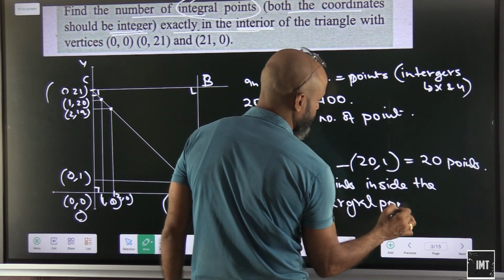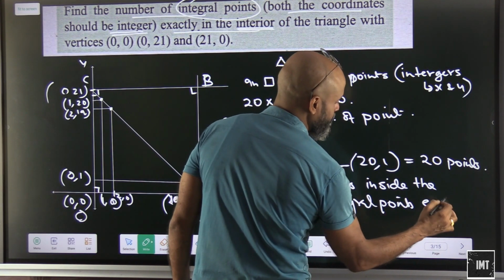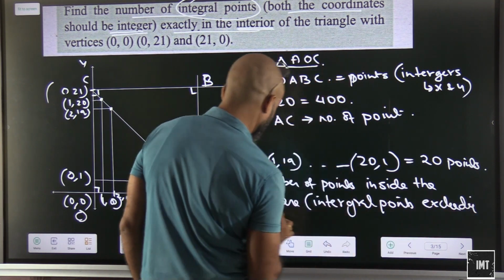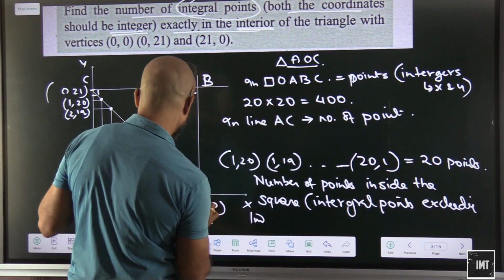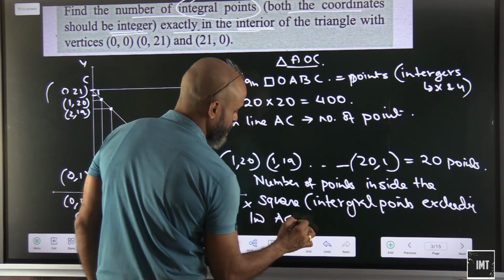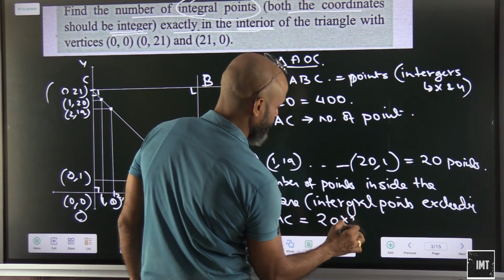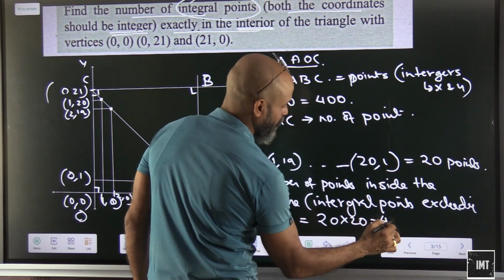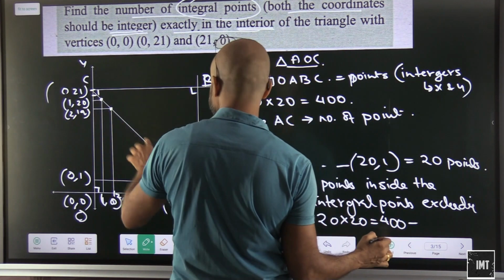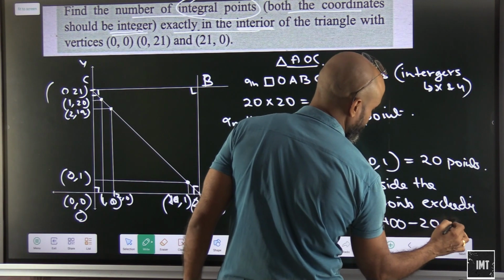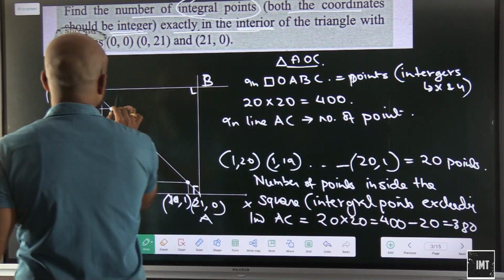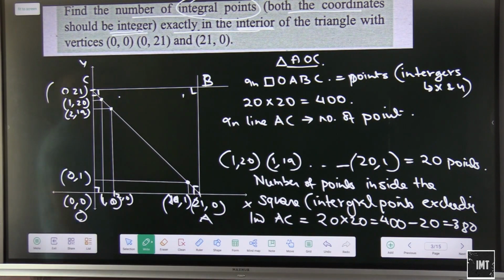Number of points inside the square, excluding line AC, will be basically 20 into 20, that is 400, minus these number of points, that is 20, that is 380. So inside the square the integer points are 380 in number.